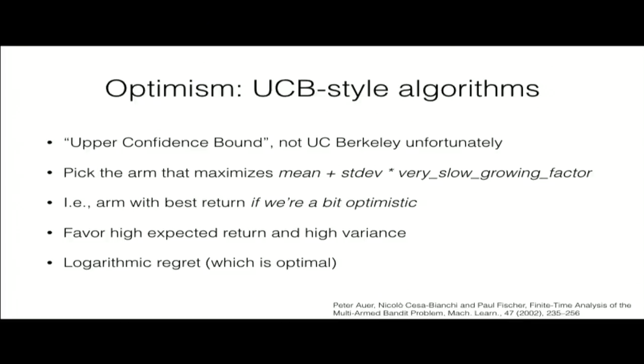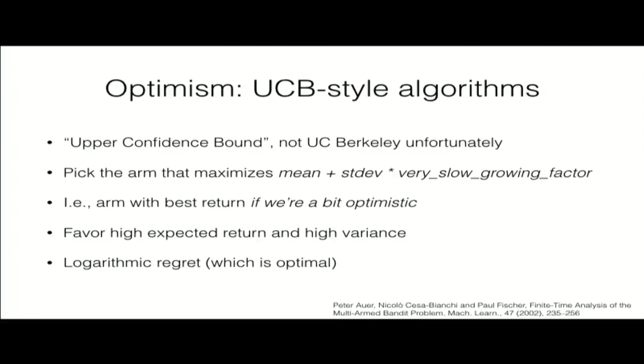Okay, so now that brings us to another class of algorithms, which are based on the idea of optimism in the face of uncertainty. And in particular, there's the abbreviation UCB, which stands for Upper Confidence Bound, not UC Berkeley. The idea is, let's say you're in this bandit problem.